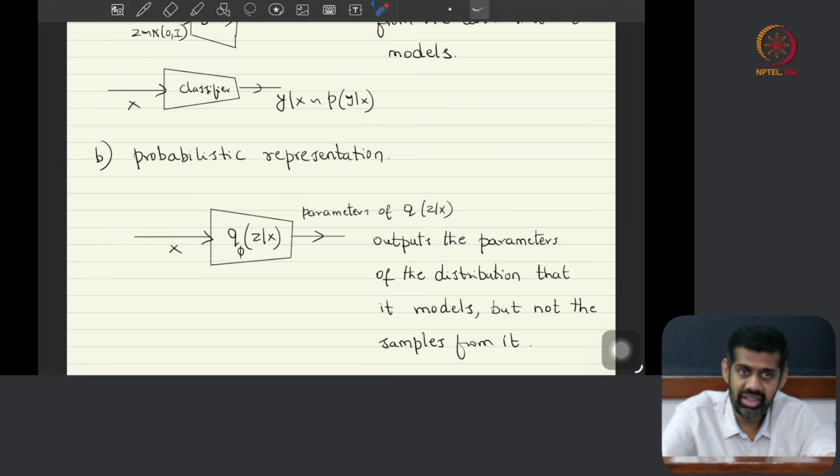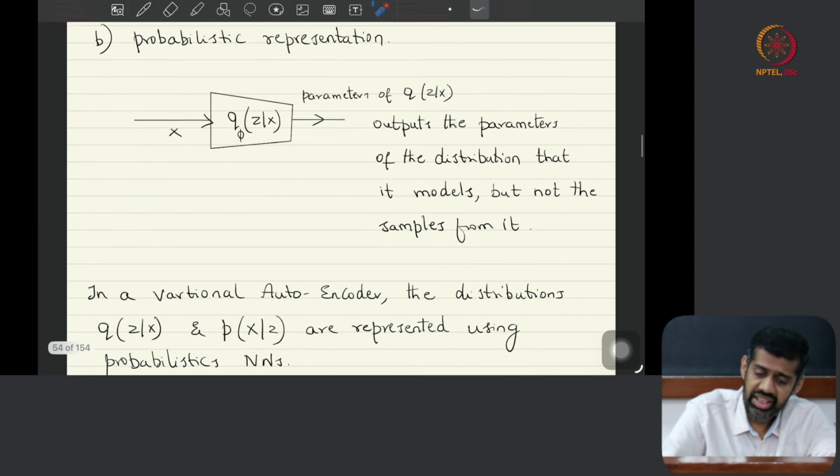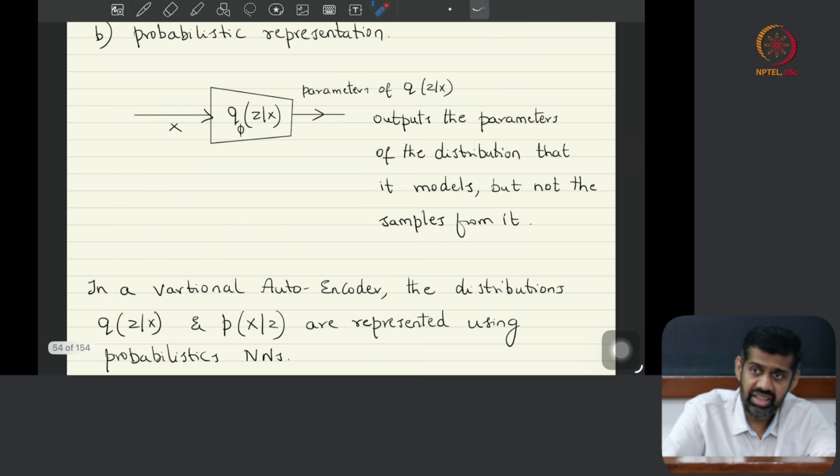But in the probabilistic way of representing things, you will have to assume a priori a functional form of the distribution, because the neural network will only give you the parameters of the distribution that it is trying to estimate. Does that make sense? Okay. Now, in the variational autoencoder's case, we use the probabilistic representation, where we use neural networks to get the parameters of the distribution that we are trying to represent.